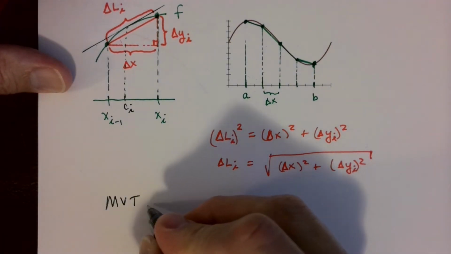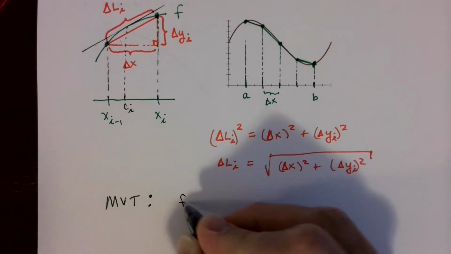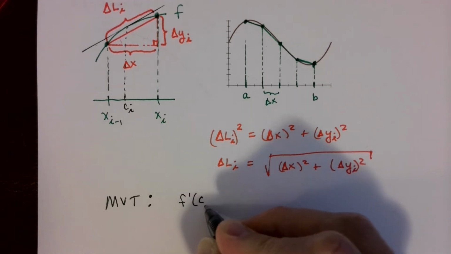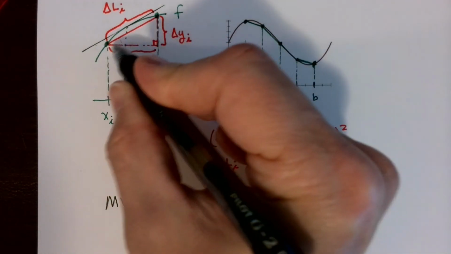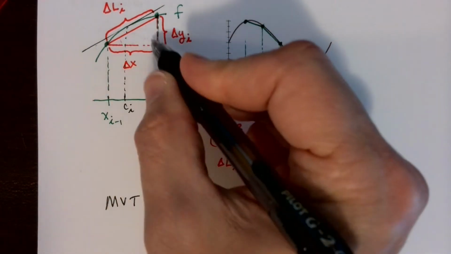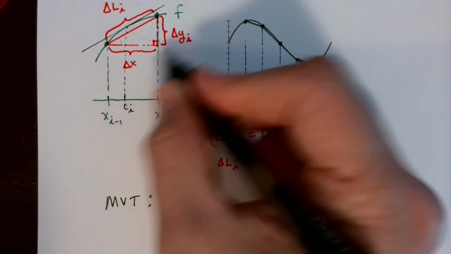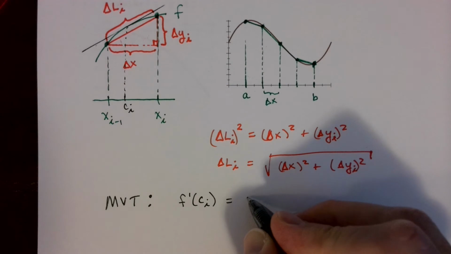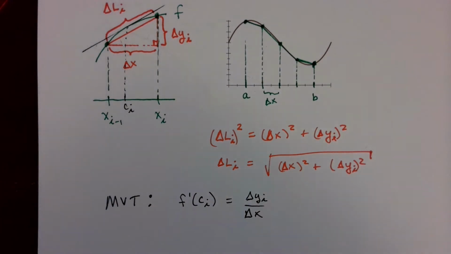And so we know that there is this c sub i such that f prime evaluated at c sub i, the slope of this tangent line, is equal to the slope of this line. What's the slope of this line? Rise over run. Rise is delta y sub i over run, delta x. It's the vertical change over the horizontal change, the average rate of change, the slope of that secant line.